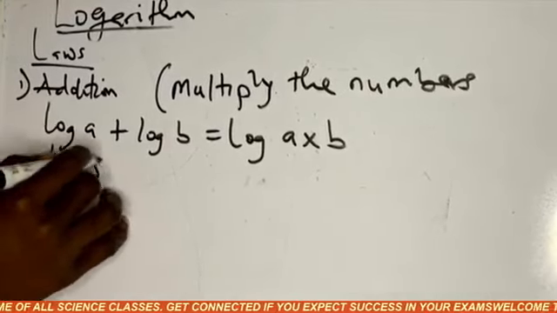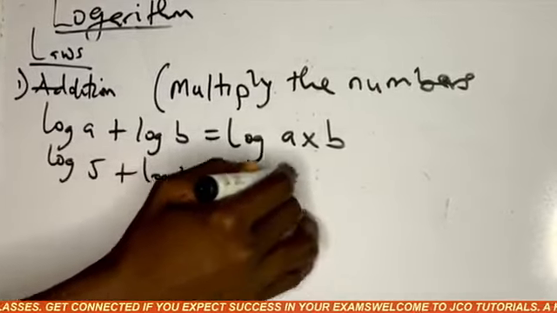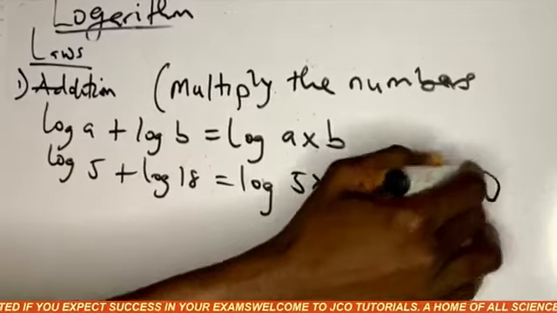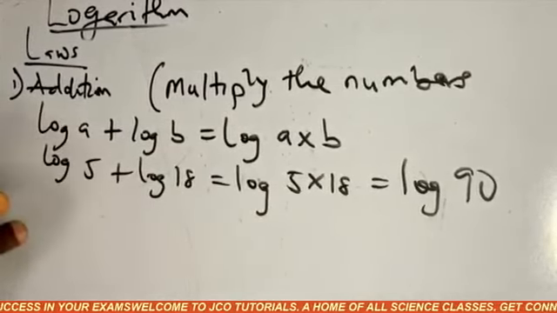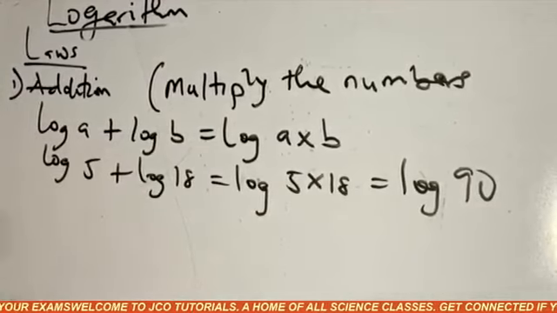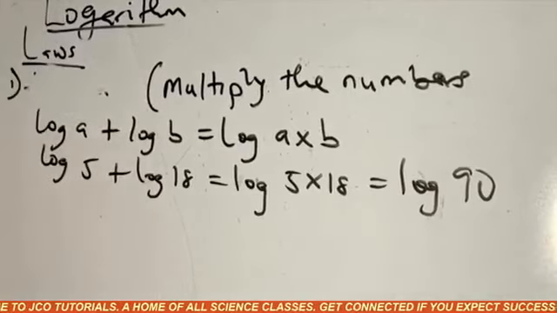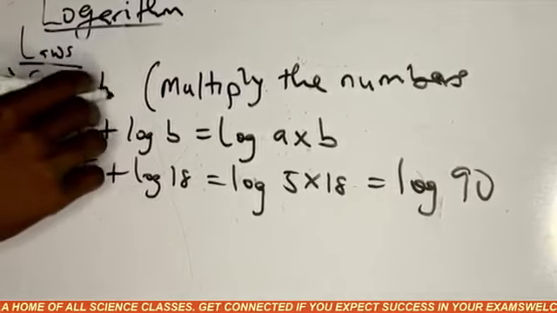What does that mean? If I have log a plus log b, I have to do log a times b. Log 5 plus log 18, I have to do log 5 times 18. That gives me log 90. Are you seeing it now? So that's how the addition law works. Then for the second law, we have the subtraction law.